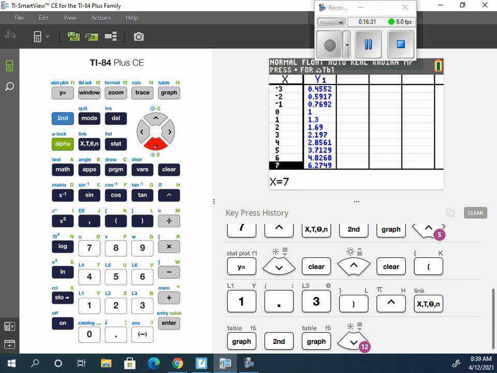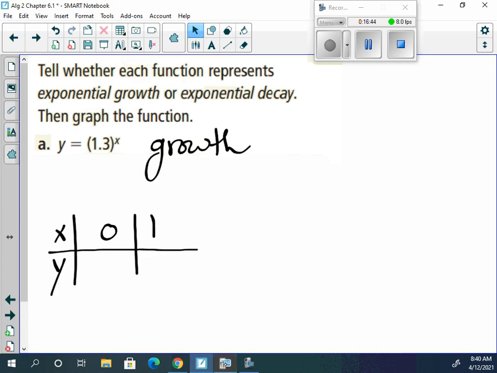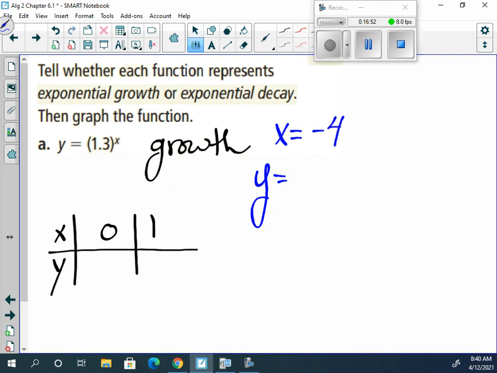Any other questions on this here? Well, let's plug in another number here. Let's say, find out the value when x is -4.